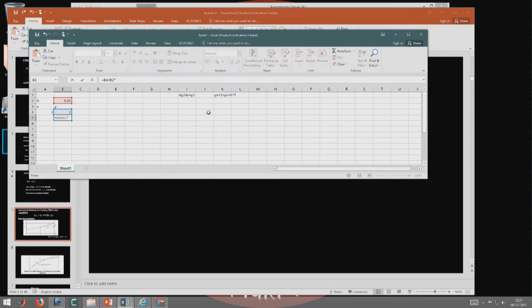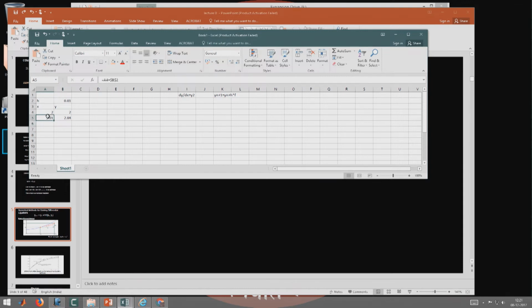That means we take this raised to the power 2. Okay, so it's 2.04 at this, at 2.01. Okay, and so on actually.